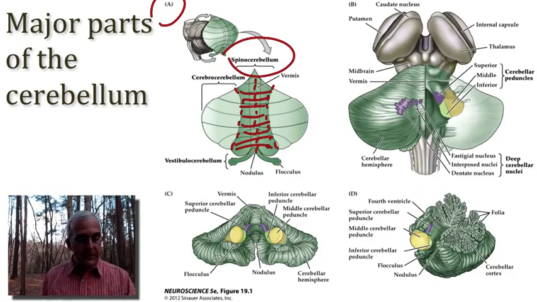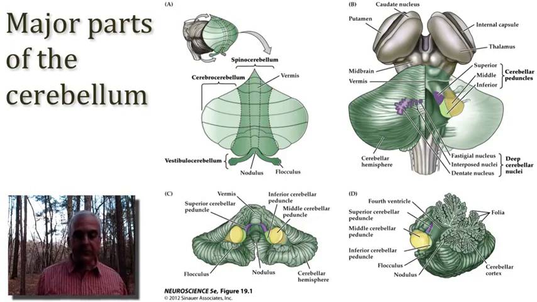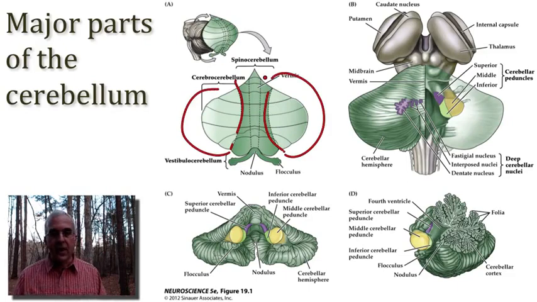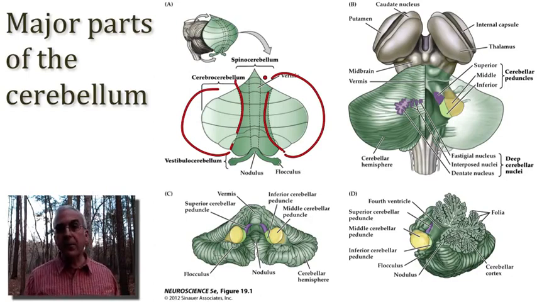The next component is this very large cerebrocerebellum, and this is what comprises most of the cerebellum that we observe when we look at the human cerebellum. We have these very large, very extensive lateral hemispheres of the cerebellum, much larger than any non-primate mammal and perhaps even larger than any other of the primates.